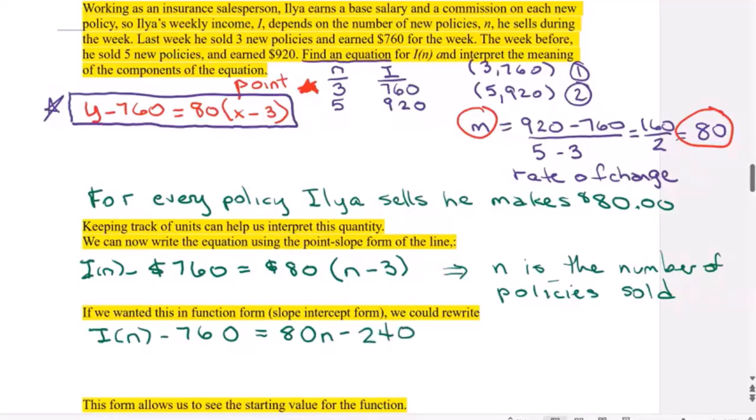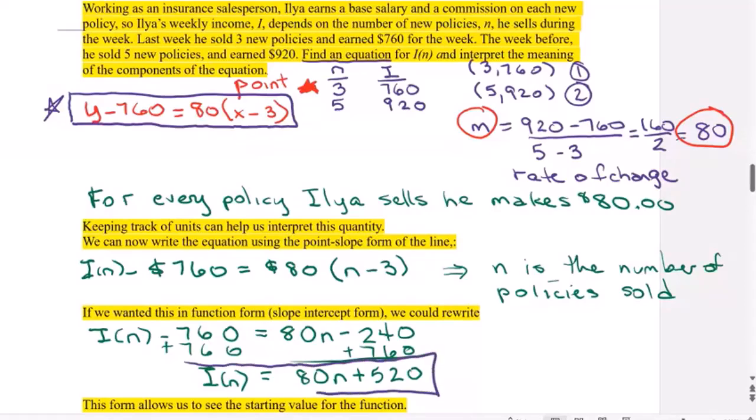I'm going to add 760 to both sides. And I get 80n plus 520 is equal to I of n. Now, this is in slope-intercept form.